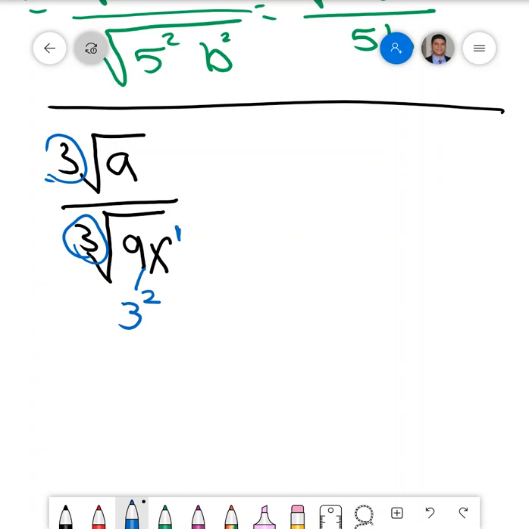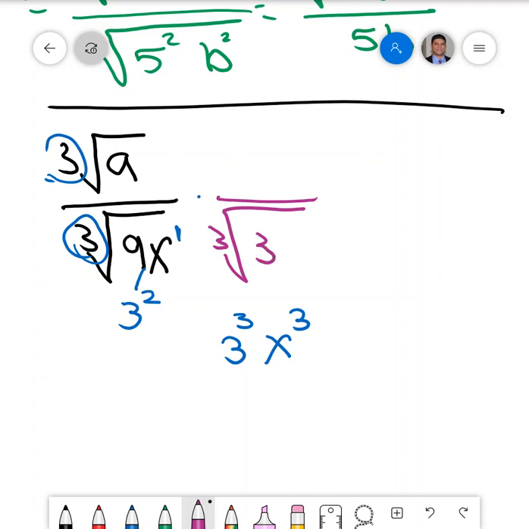We need to make both of them 3 to the power of 3 and x to the power of 3. So what is the remainder? To make it 3 to the power of 3 and x to the power of 3, we need here 3 and we need here x to the power of 2.